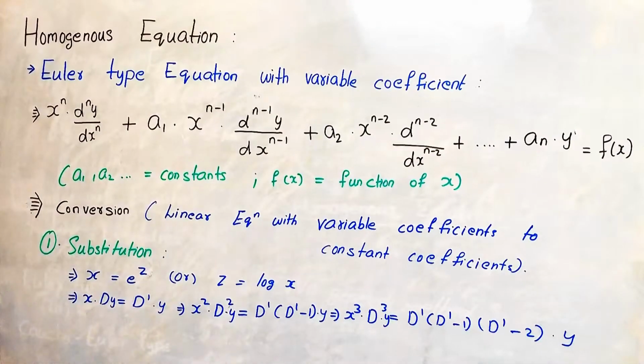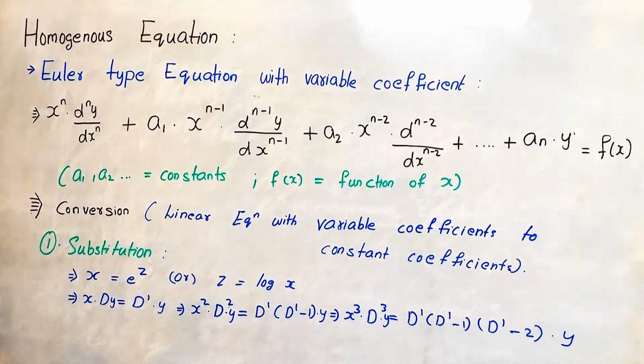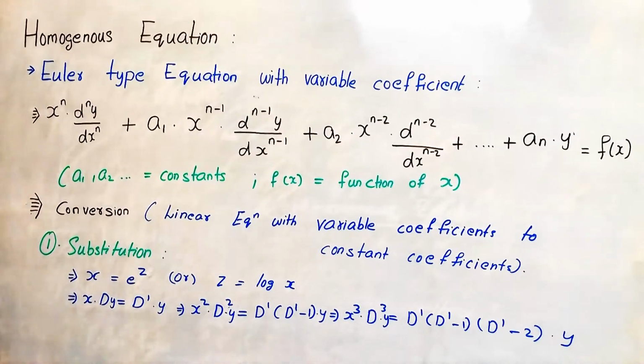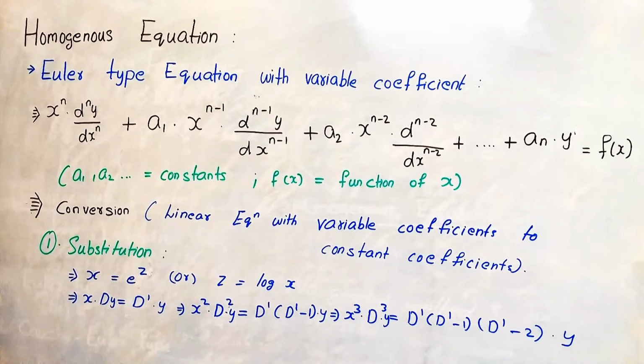So now let's see the homogeneous equations of the Euler's type. Recently we have studied that there are two types of homogeneous equations, that is Euler's type and the Legendre's type. In this video we are going to see the equations based on the Euler's type.